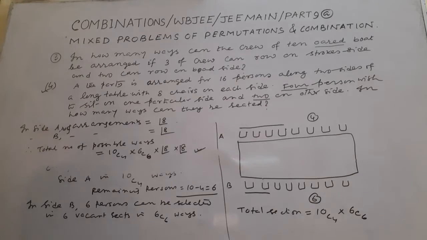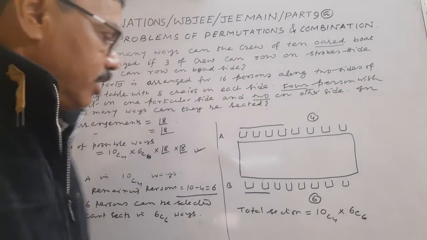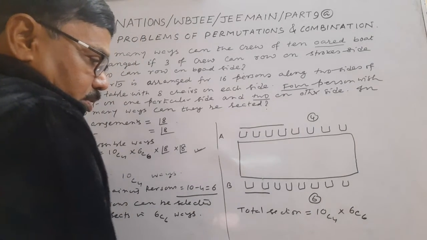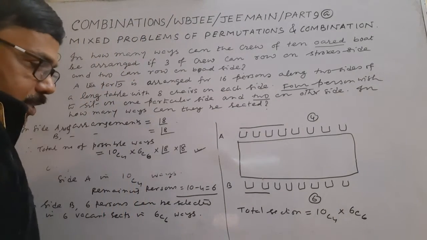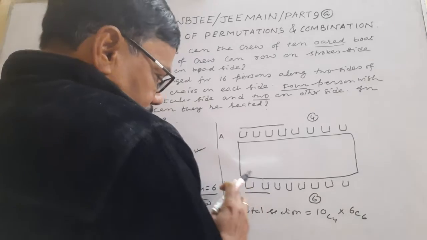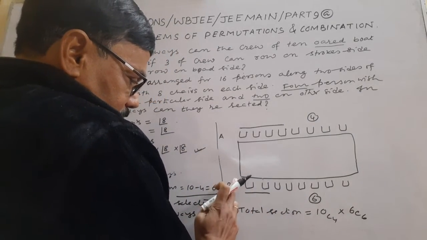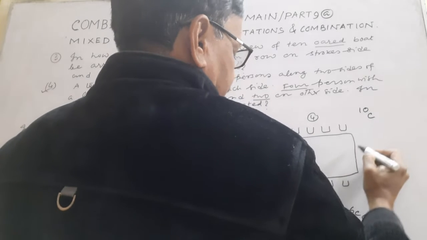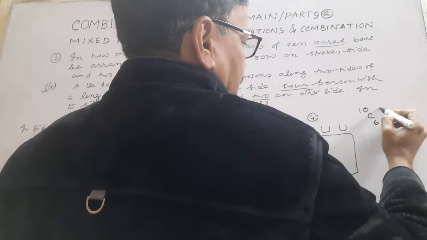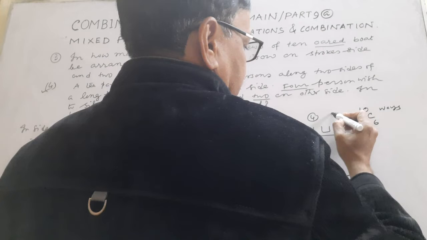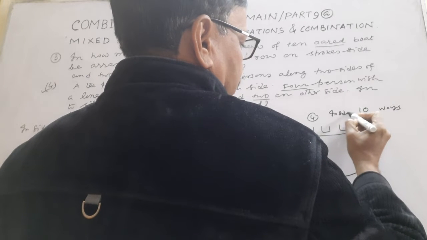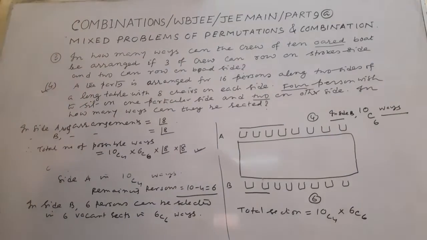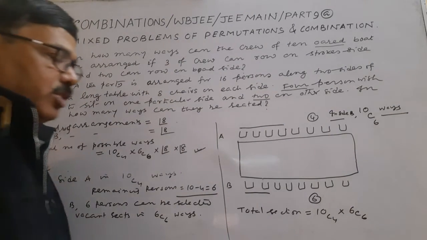Now listen, you can say we can fill up the side B at first. So out of 10, we can select in side B in 10C6 ways.